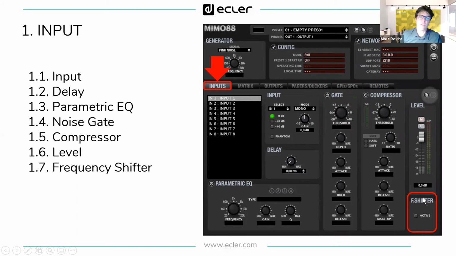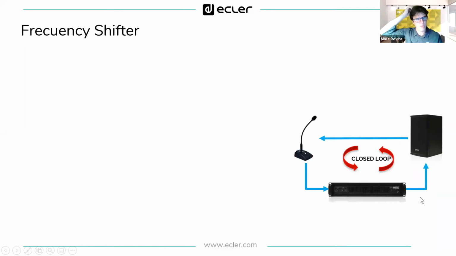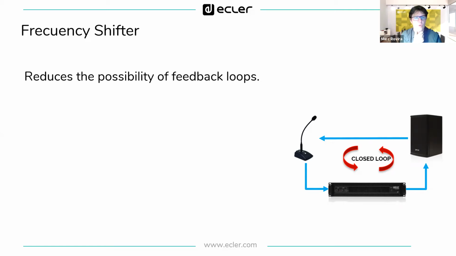And we've got a frequency shifter. This one maybe is not so common in other devices. The frequency shifter is a tool to reduce the possibility of feedback loops. We all know what a feedback loop is. A frequency is reproduced from the loudspeaker, it gets into the mic and it's amplified, and then you get this loop and it comes to a tone.